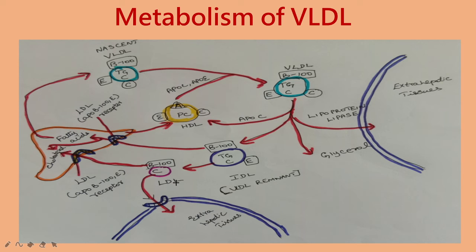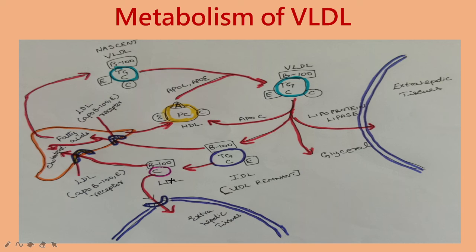In low density lipoprotein, the remaining 10% TG also will be removed. After the hydrolysis of this TG, only cholesterol will be left, with apoprotein B100 alone, and the E will be released. That is called low density lipoprotein, LDL.